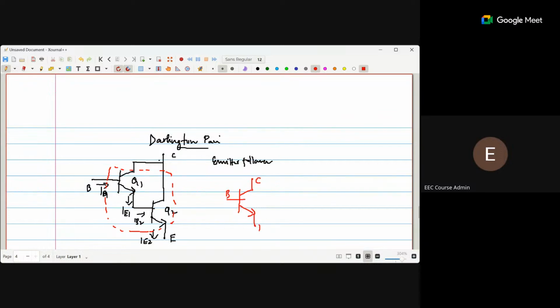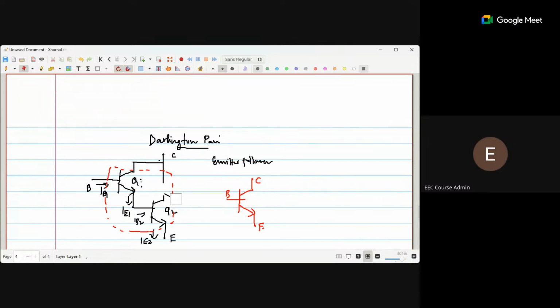This one transistor is actually comprising these two transistors, Q1 and Q2. Say, for example, if you have Q1 with beta 1 and Q2 with beta 2, then you will have the multiplication effect of those two gains.